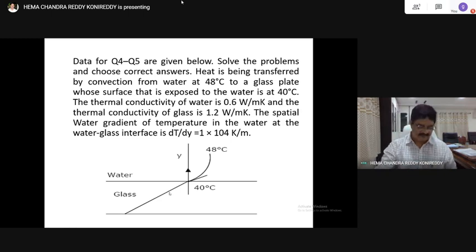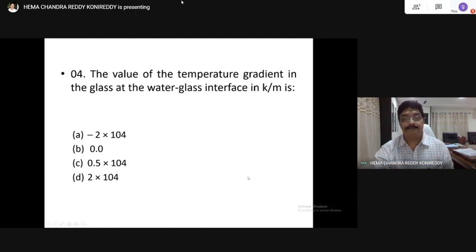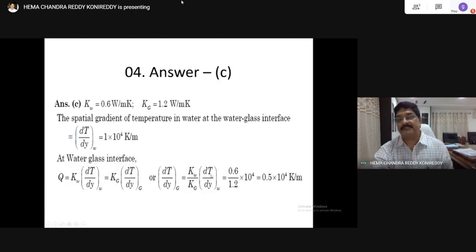It's an area, of course it's a common area, interface, it's a common area. So that's how you calculate. K of water into dT by dy of water is equal to K of glass into dT by dy. K of water is given, K of glass is given, dT by dy of water is given. Only one thing for you to calculate. As I said earlier, here he has given 1 into 10 power 4, and there 10 power 4. Whatever value it is, substitute that here.